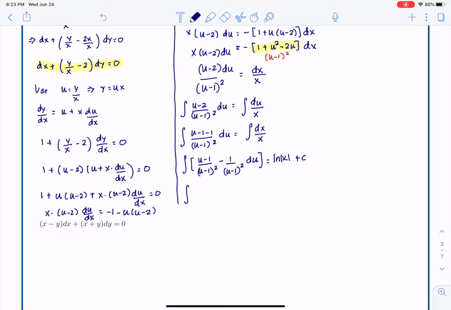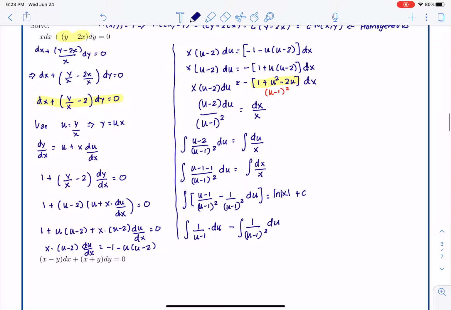The first term, the u minus 1s would get cancelled. I'd simply have 1 over (u minus 1) times du. The second term would be 1 over (u minus 1) squared times du. And that would equal ln of the absolute value of x plus c.